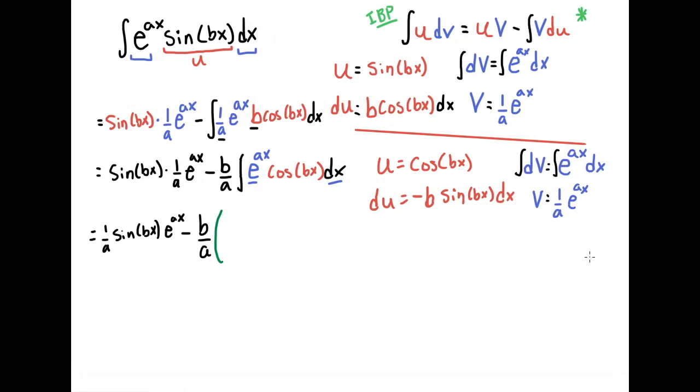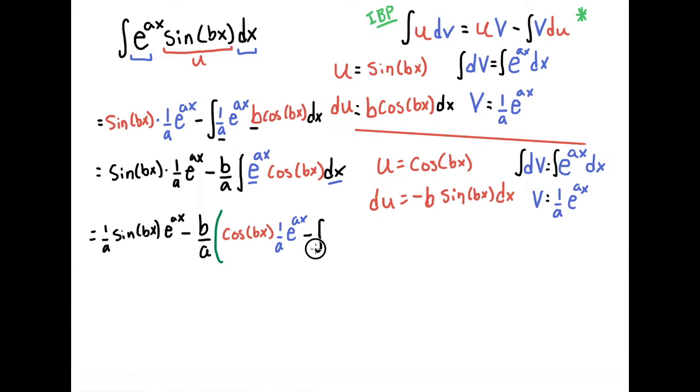And we're going to fill out the information in here. So we have u times v. U is going to be cosine of bx, and v is going to be, once again, 1 over a e to the ax. And then we're going to be subtracting away this v du once again. That's going to look like this.